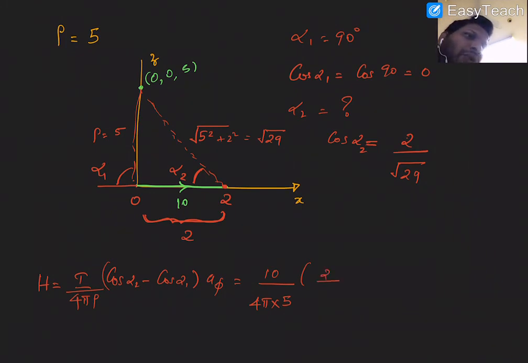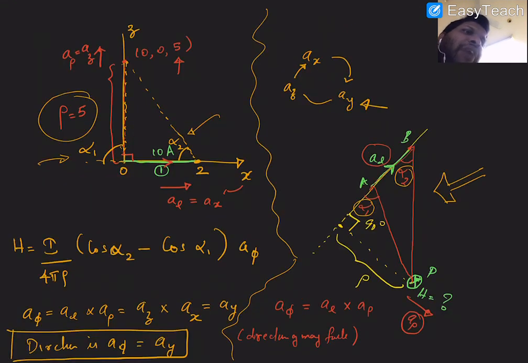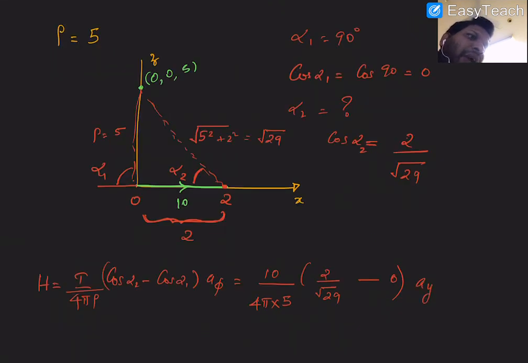It is equal to 2 over square root of 29 minus 0, into a phi, and we have already seen what is a phi. A phi is equal to a y. So if you substitute this, you will get the answer as minus 59.1, and the direction is a y. Okay, then milliampere per meter.